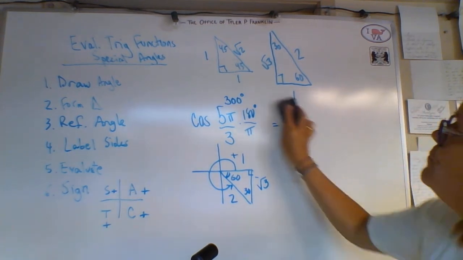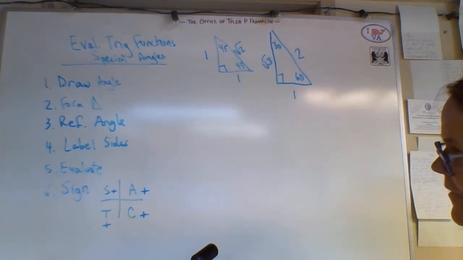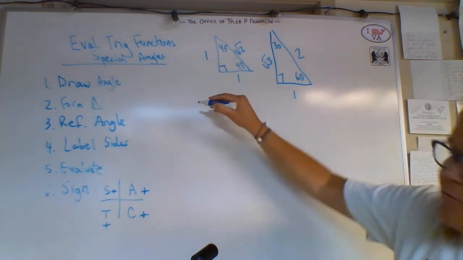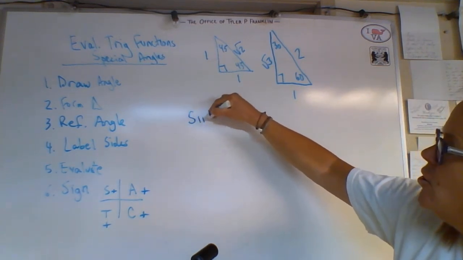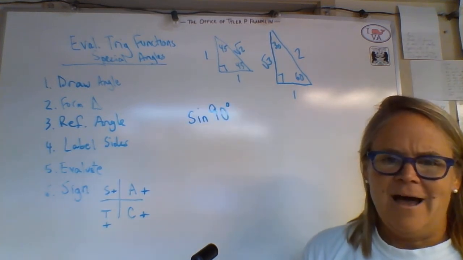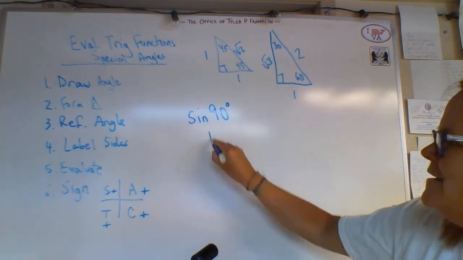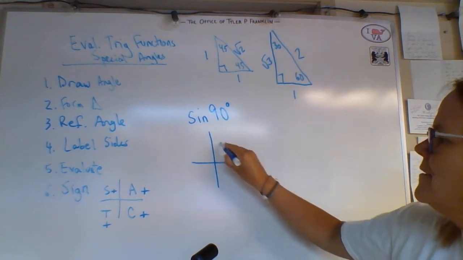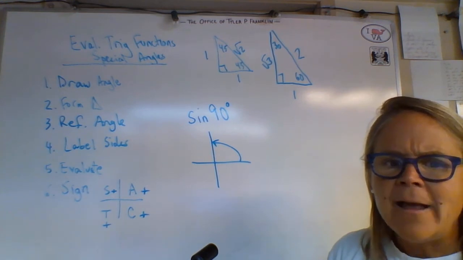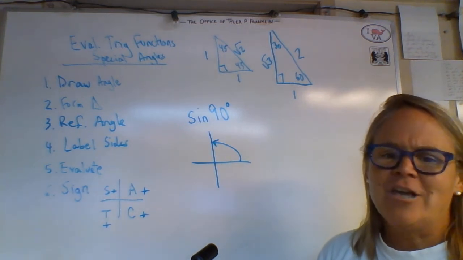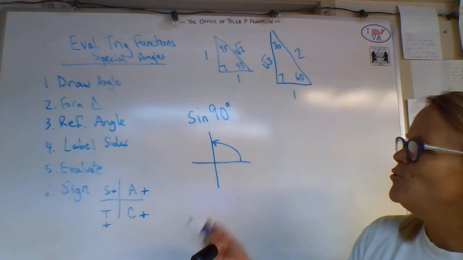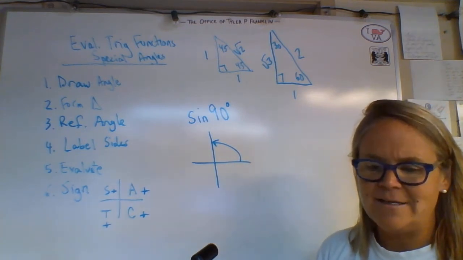So you may see these things called quadrantal angles. A quadrantal angle occurs when I asked you to do the sine of 90 and you draw it and you're like, what? How do I form a triangle? Well, you can't form a triangle, but you can do this collapsed triangle idea.